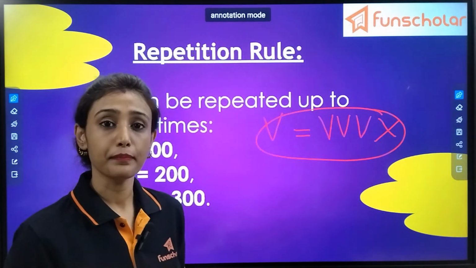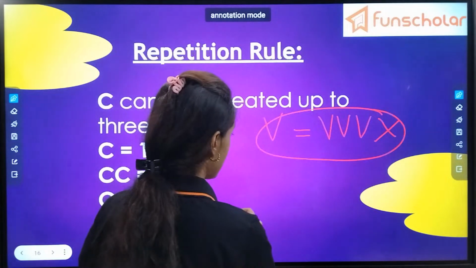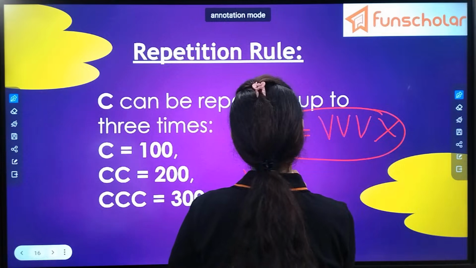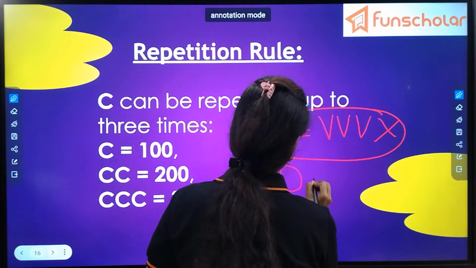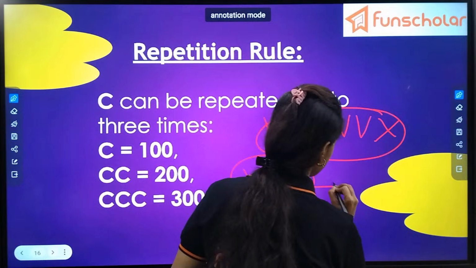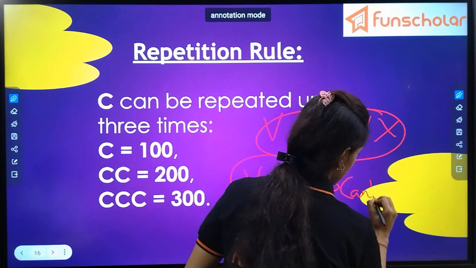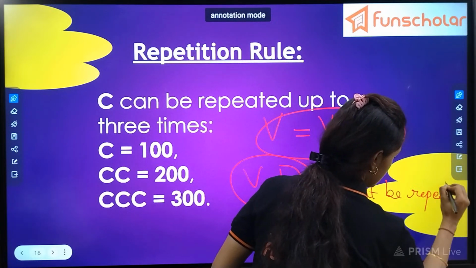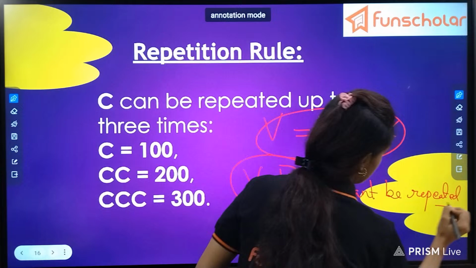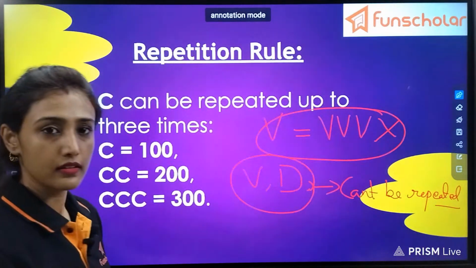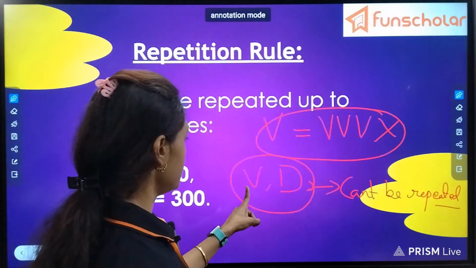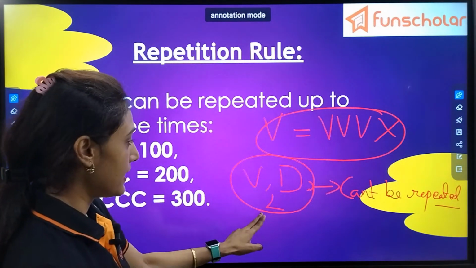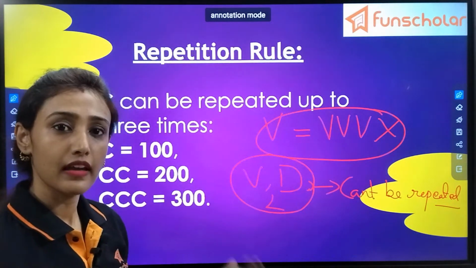Because the rules made by the Roman people say V and D, these two numbers can't be repeated. That's why we cannot repeat V or D and also L. V, D, L can't be repeated ever.